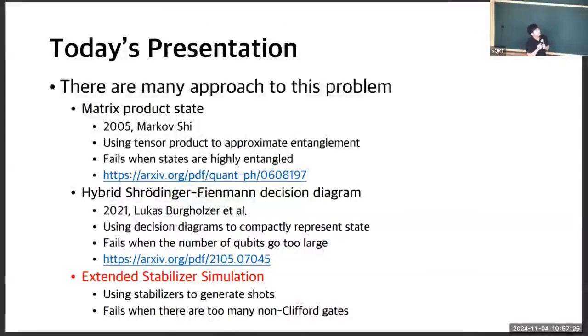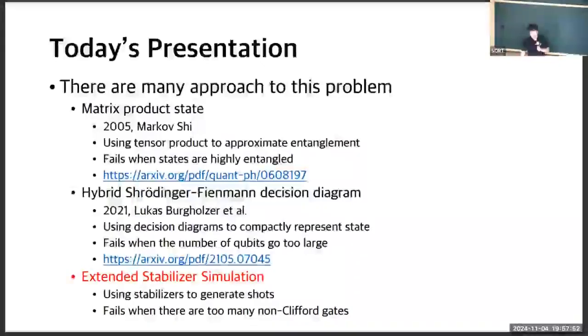That uses tensor products, which I think is popular in physics, but I don't know because I'm just an electrical and computer engineering major. The second one is a little bit unpopular, but it makes sense, so I just included it. And the third one is what I am going to present, which is extended stabilizer simulation.